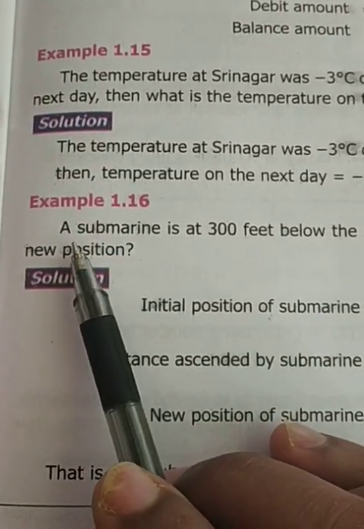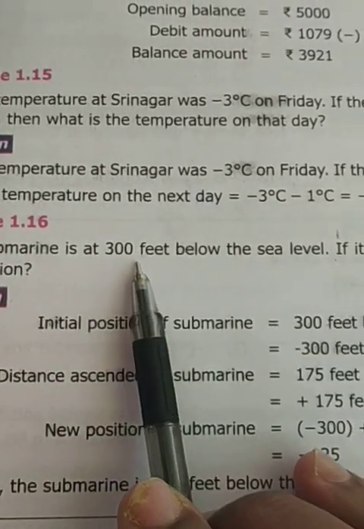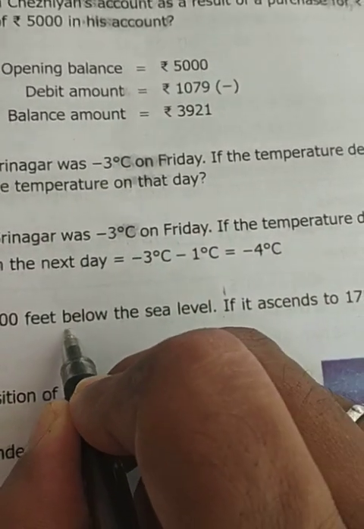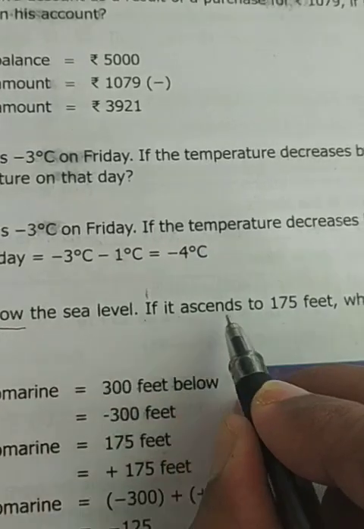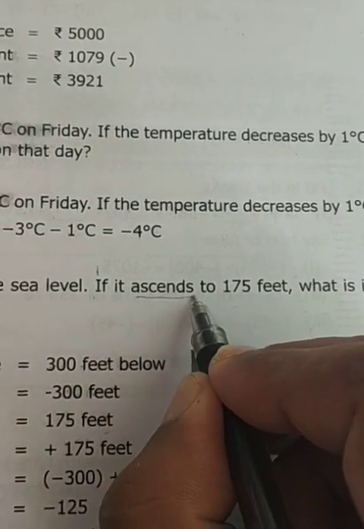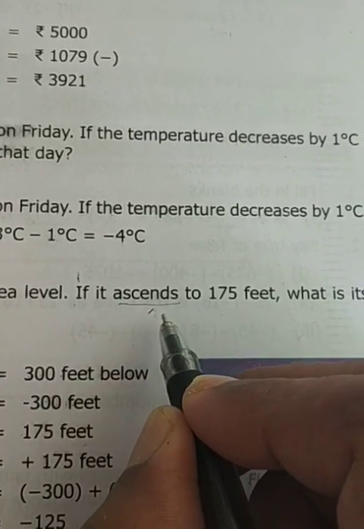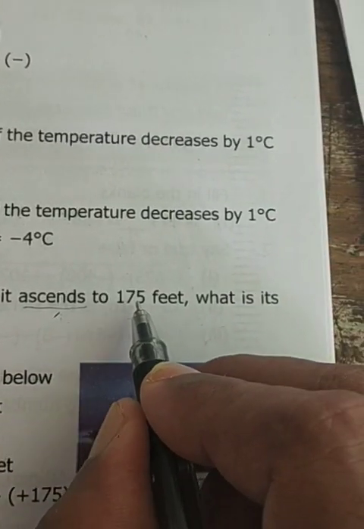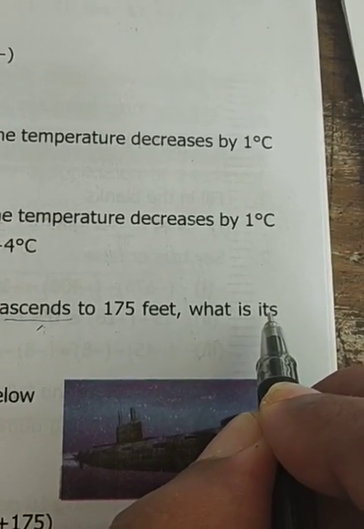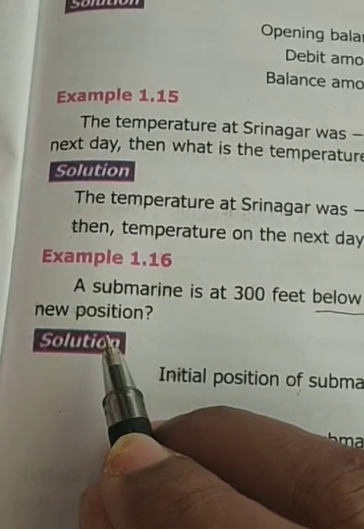Example number 16. A submarine is at 30 feet below the sea level. If it ascends, means moves up, to 175 feet, what is its new position?